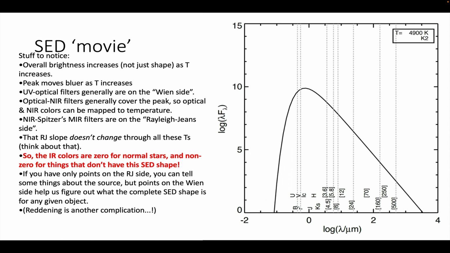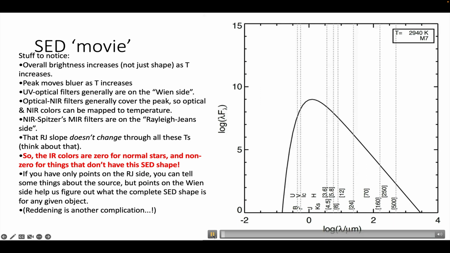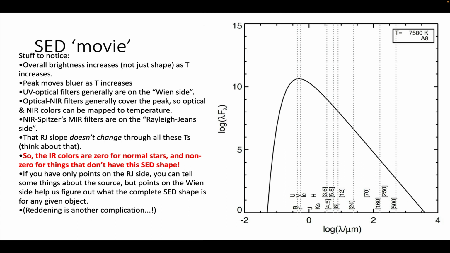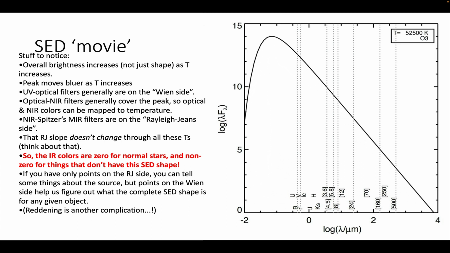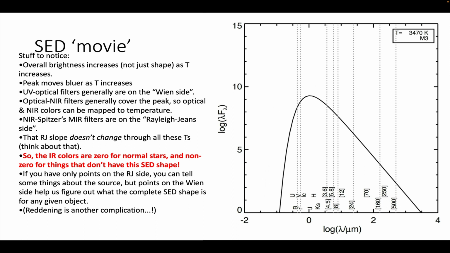The coolest thing I've got there is an M8 star at 2600 Kelvin. And the brightest thing I've got there is an O something. Let's see what it is. An O3 at 52,000 Kelvin. So the peak moves bluer as the temperature increases.